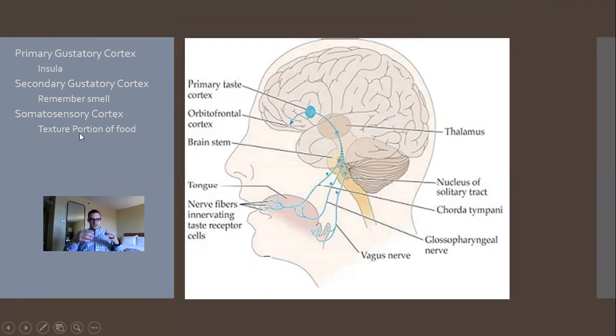So one thing that's cool to me: the papillae on your tongue developed from hair cells, and they kept this connection to the tactile sensation of your brain. I don't know if you're anything like me, but there are a lot of foods that I like just because of the texture.